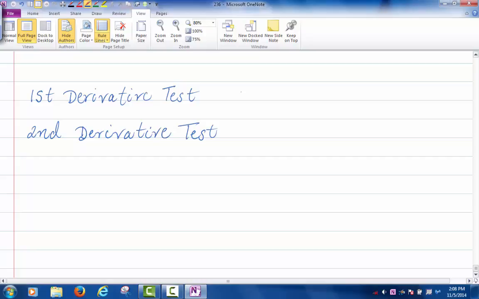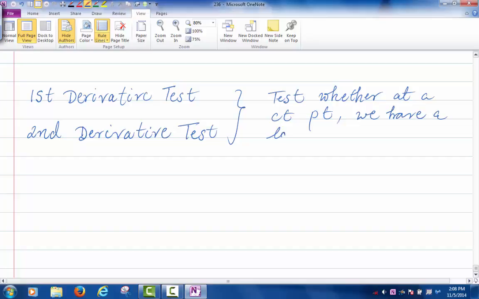Okay, so these two tests, whether at a critical point we have a local max or a local min.